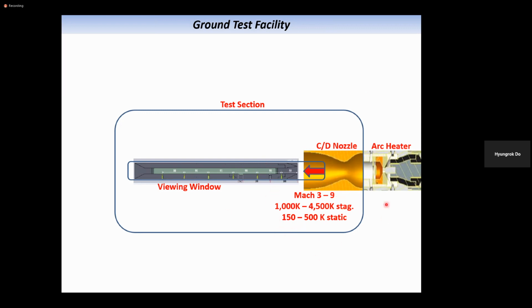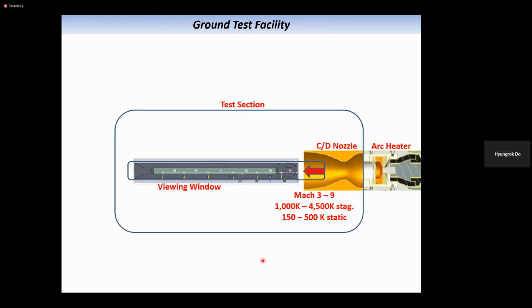That corresponds to a pressure of 10 bar and 4,000 Kelvin. So although the atmospheric condition at that high altitude is low temperature and low pressure, you have to produce high temperature and high pressure gas here. And for measuring the quantities of this highly energetic gas in the upstream region, you will need an optical measurement method.